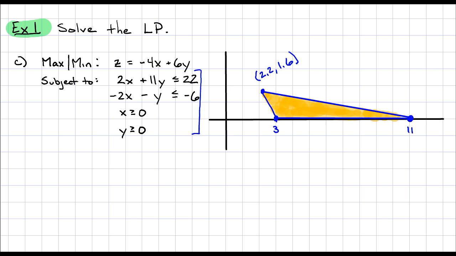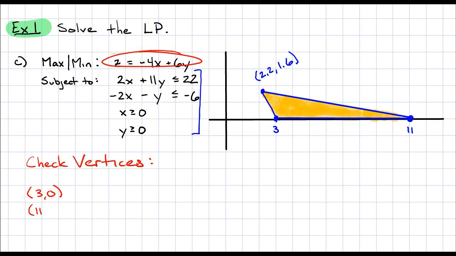So now that we know what the vertices are, the next step is to check those vertices. I do that just by plugging each of these three vertices into the objective function. And again, this is what we're plugging into. So my vertices are 3, 0, 11, 0, and the strange one, 2.2, 1.6.